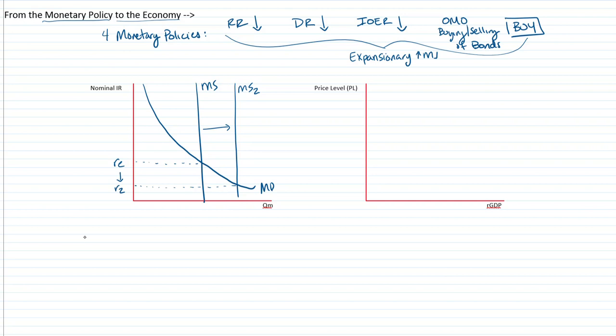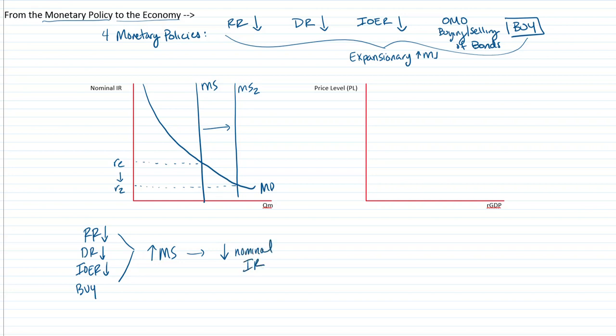So we can set up that these four policies, required reserve ratio down, discount rate down, interest on excess reserves down, and buying bonds, are all going to lead to an increase in the money supply, and the increase in the money supply is going to lead to a decrease in the nominal interest rate.